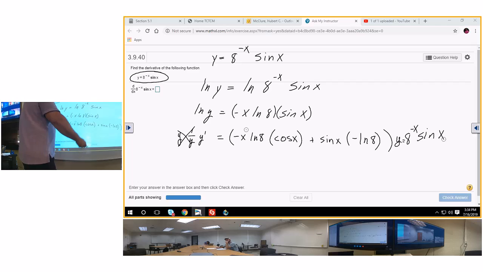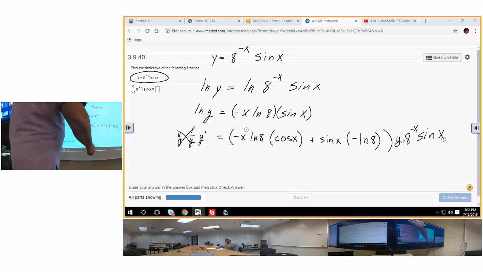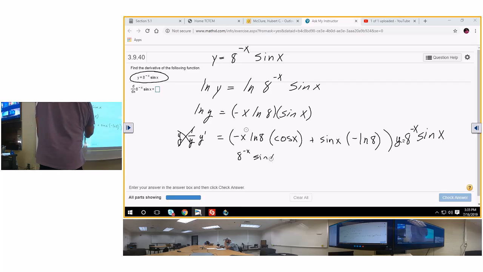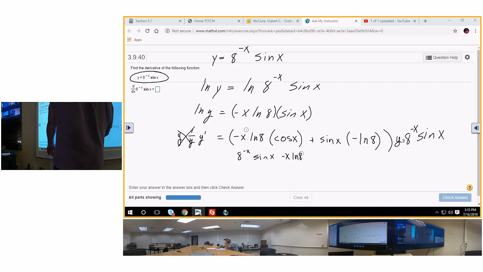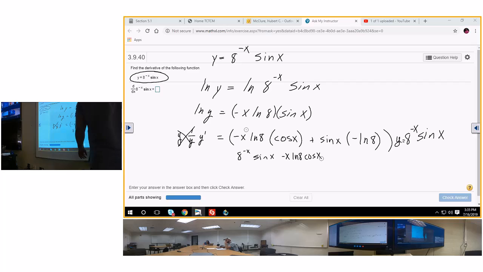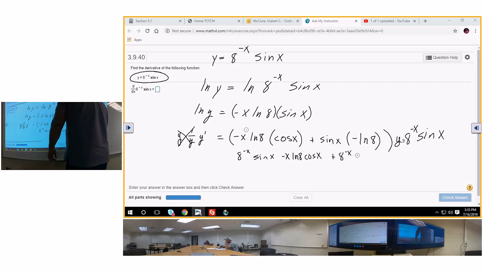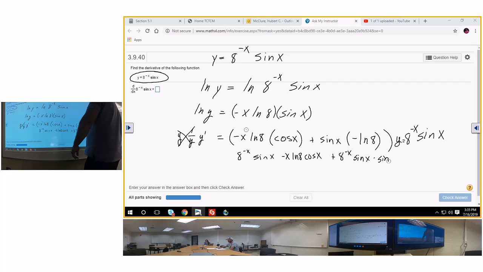So that's going to be 8 to the negative x times the sine of x times negative x natural log of 8 cosine of x, plus 8 to the negative x sine of x times sine of x negative natural log of 8.